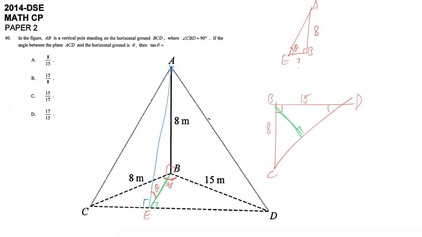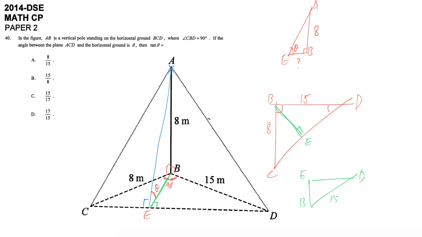This is one of the methods. Or another method is using similar triangles. The big triangle and the small triangle here are similar. So I draw a smaller one, and then this is our EBD.